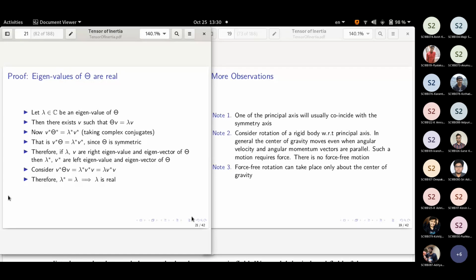It doesn't mean that V is complex. What we mean here is that the complexity of V does not affect whether lambda is going to be real or complex.